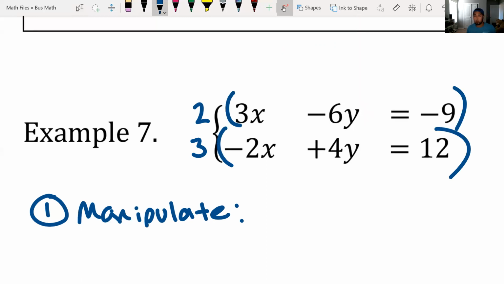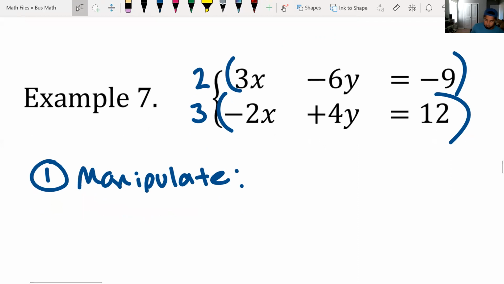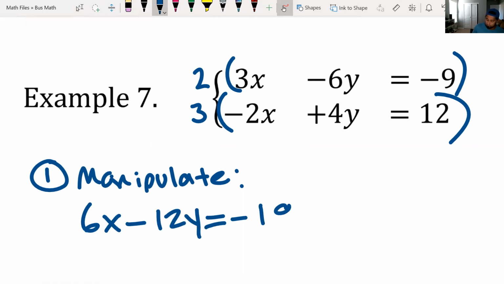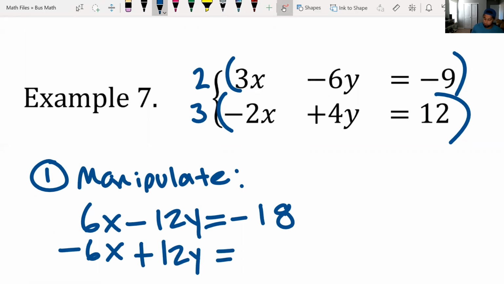I'm going to write the new equations down below. I'm going to save us some time. I figure we should have it by now, right? All right, so my new equations are going to be 6x minus 12y equal to -18. And then down below, -6x plus 12y equal to 36.